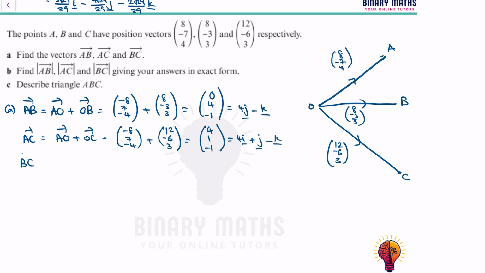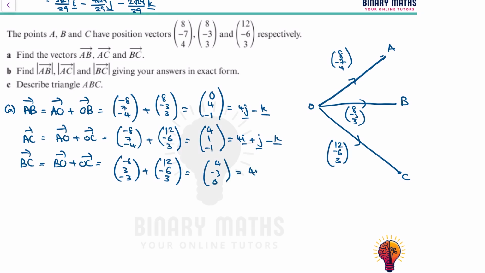B to C is equal to B to O plus O to C, which is equal to negative 8, 3, minus 3, plus 12, negative 6, 3, which is equal to 4, minus 3, 0. Minus 8 plus 12 is 4, 3 minus 6 is minus 3, and the last k component is 0, which is 4i minus 3j.